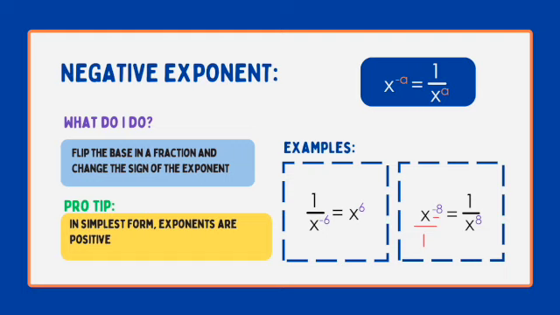So in simplest form, exponents are positive. You need to keep them positive. If they are negative, you need to take the reciprocal of this entire equation and flip the base.